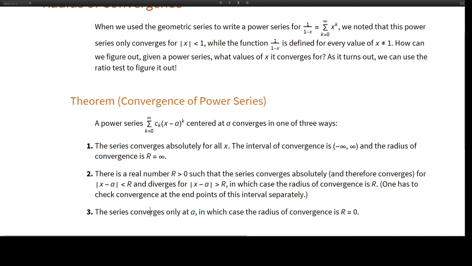In that case, it's not a very interesting power series at all. But it's worth knowing that if you have a function whose radius of convergence at a certain point is 0, you're not really going to be able to expand at that point. So let's look at some examples here. All right, let's start with the series.